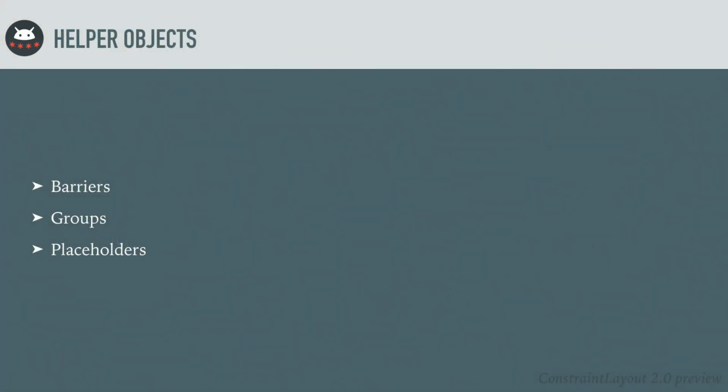The helper object is something we'll talk a little more about in this talk. We added barriers, and barriers is very, very powerful. That's actually the main reason why we call that 1.1, because I really think that barriers should have been part of 1.0. And we got a couple more, like the groups and placeholders.